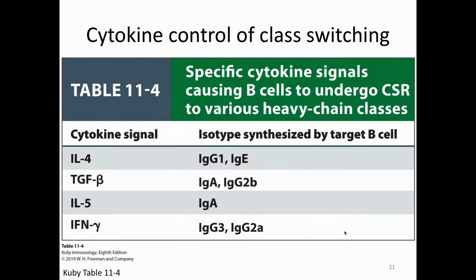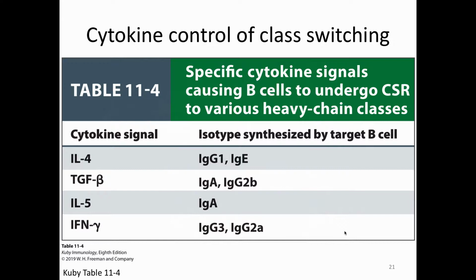Part of the way this works is based on which cytokines our B cell experienced when it was in the germinal center. So based on the types of T cells that have been activated and the types of cytokines that are being produced, so you can sort of imagine our Th1, Th2 differentiation happening here, we can get B cells making different types of antibodies.